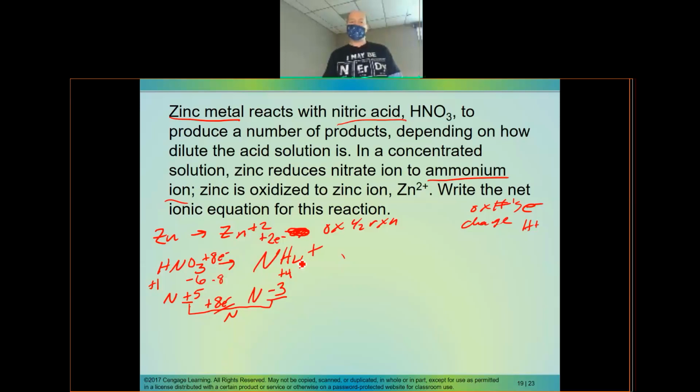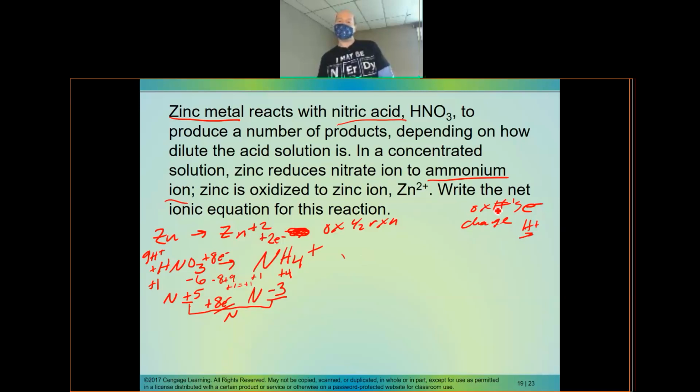On the right side, we have 1 NH4 plus. That is a plus 1. And so we have to add 9 H pluses to this side. So now we have a plus 9, we have a minus 8, and that is equal to a plus 1. And so we have plus 1 is equal to plus 1. So we balance the charge with H plus.